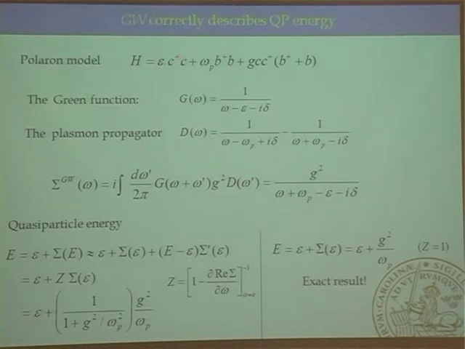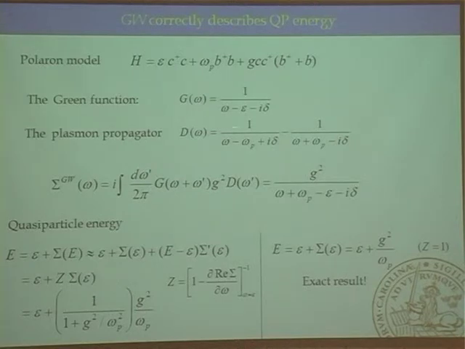You can think of it as a core electron, and you have a plasmon, a boson here, and a coupling between the electron and the plasmon. This is exactly the same Hamiltonian that you get in electron-phonon coupling. So we can do a little exercise to calculate the self-energy within the GW approximation. This is exactly the same mathematics as when you study electron-phonon coupling.